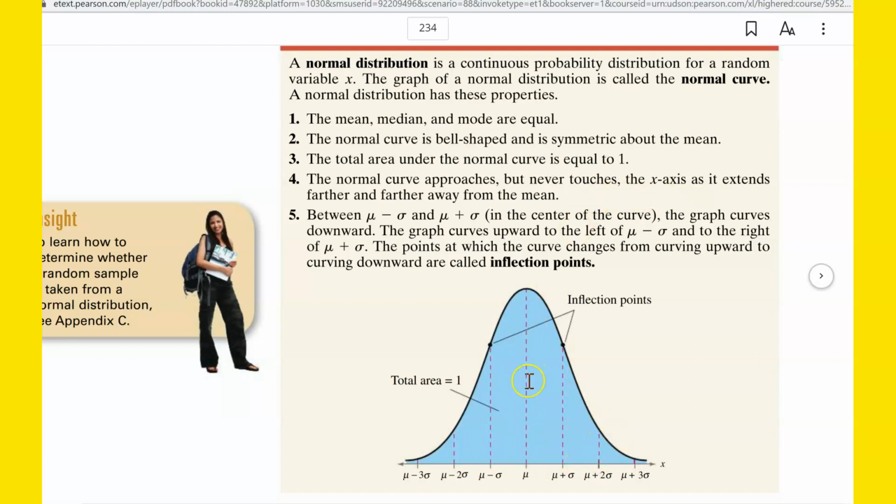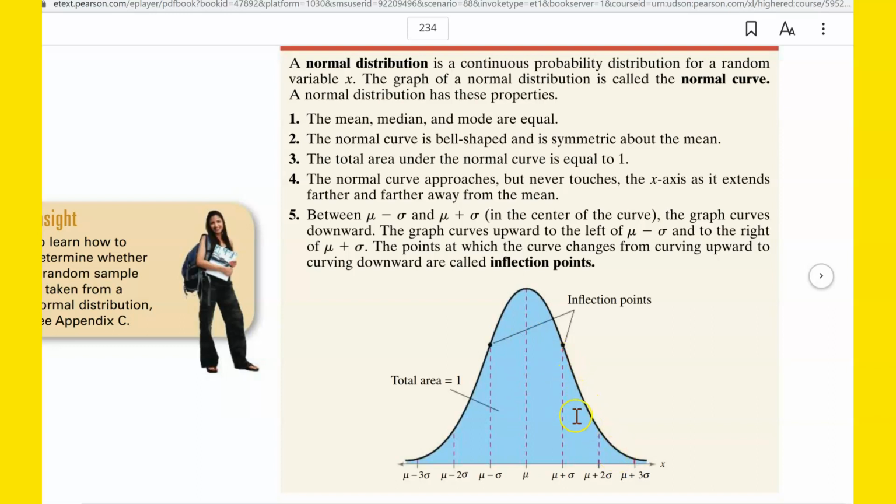The normal curve approaches but never touches the x-axis as it extends farther and farther away from the mean. So it's kind of common sense a little bit. Whether it's a human's average weight, or an average shoe size, or whatever it may be, more people are going to be gathered near the middle. If the average shoe size for a guy is let's say 10 or 9.5, somewhere around there, well, the farther you get from that, the lower the percentage of people.